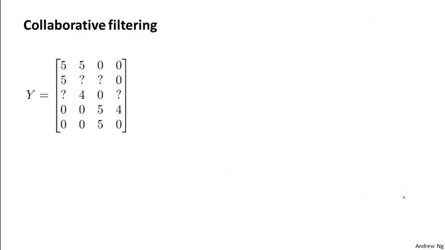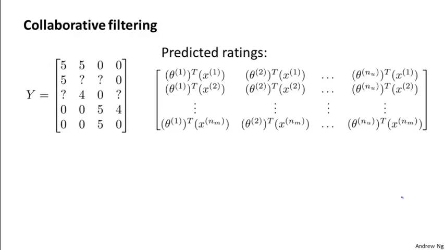Given this matrix Y of all the ratings that we have, there's an alternative way of writing out all the predicted ratings of the algorithm. In particular, what user j predicts on movie i is given by this formula.